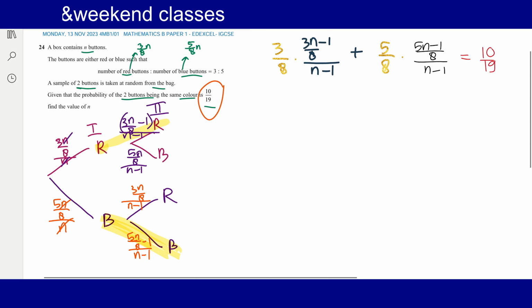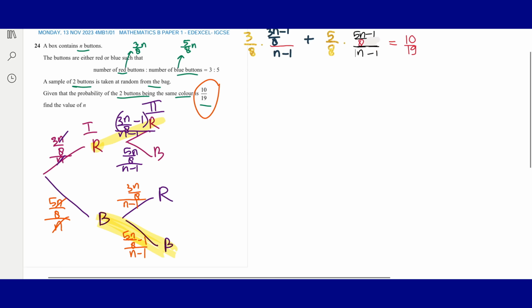So we write down here 3/8 times (3n/8 minus 1) over (n-1) for the red, plus the blue, which is 5/8 times (5n/8 minus 1) over (n-1). We make this equal to 10/19.